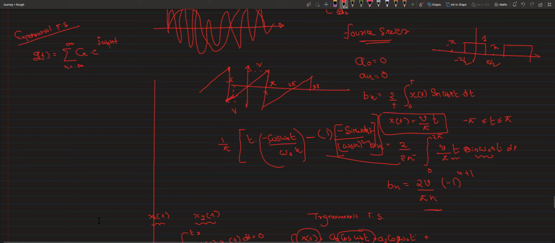So any signal will be represented in terms of exponents, e power j omega naught t, 2j omega naught t, 3j omega naught t, and so on. That is the physical meaning, the significance of it.